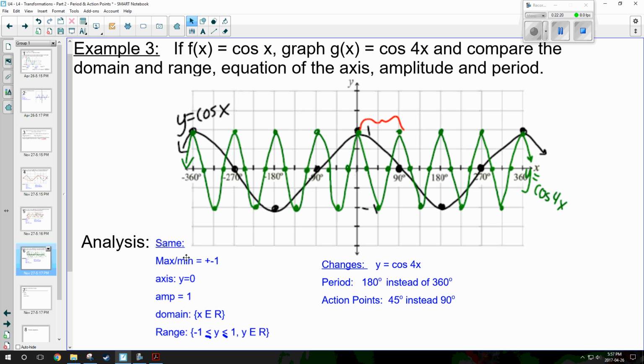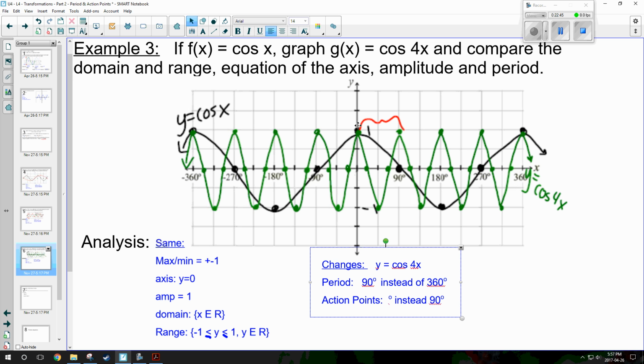So again, all the things that were the same are the things that were the same in the first 2 examples. The only thing that changed in this case, oops, I forgot to change these numbers here, is that our period is now 90 degrees because to get from the maximum again to the maximum, it only takes 90 degrees instead of 360.